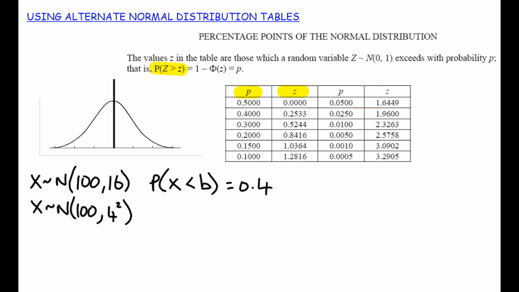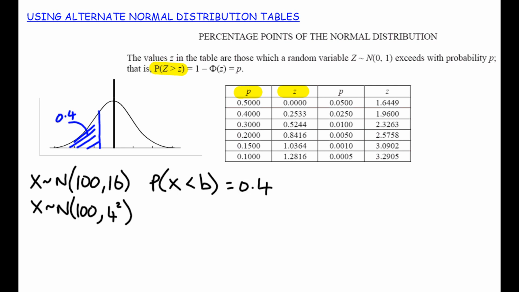Probability that x is less than b equals 0.4. I'm choosing a value where the probability that it's below is 0.4. That does mean it's going to be on this left-hand side. The probability that it's below the mean is 0.5, so if that probability is getting smaller, I'm moving off towards the left with the value I'm thinking of.